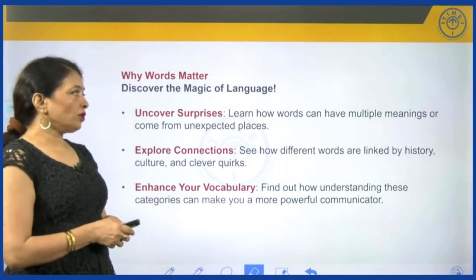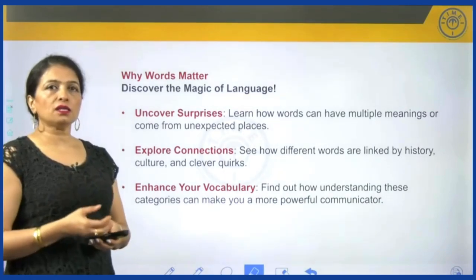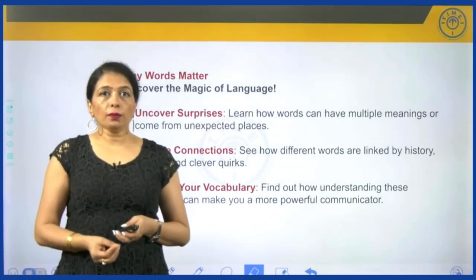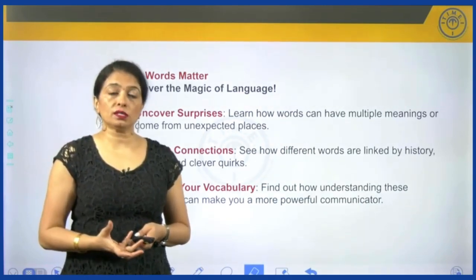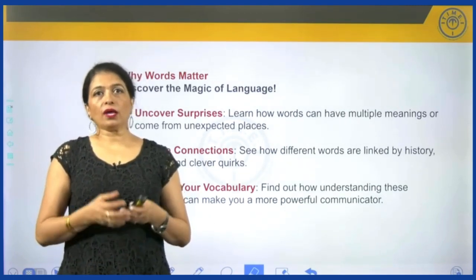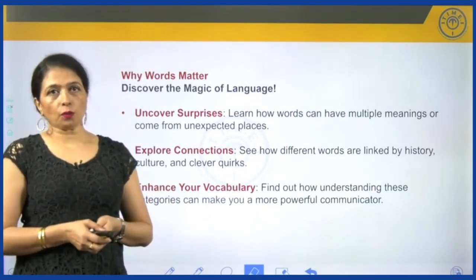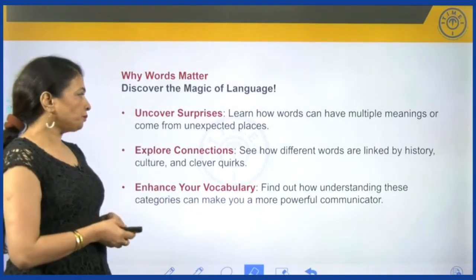When we see how different words are linked not just by language but also by history, culture and clever quirks, this also helps us remember those words better. So, we do not have to memorize words because we know the background those words have, and this helps us retain them in our minds and enhance our word power.